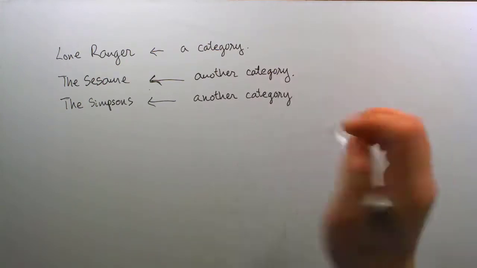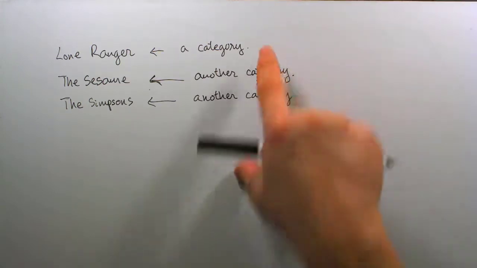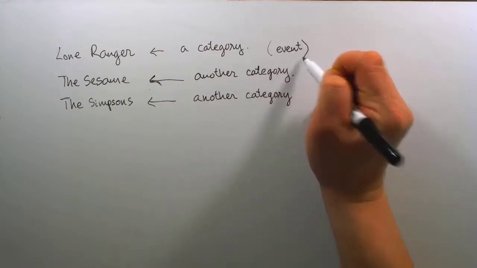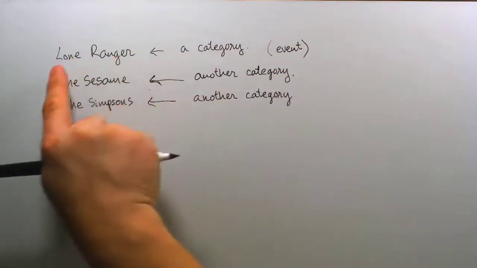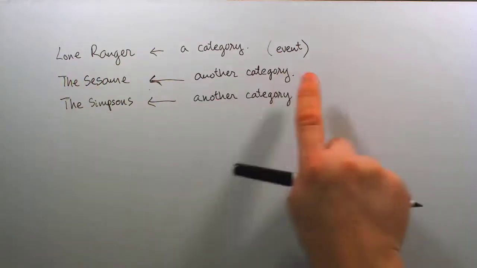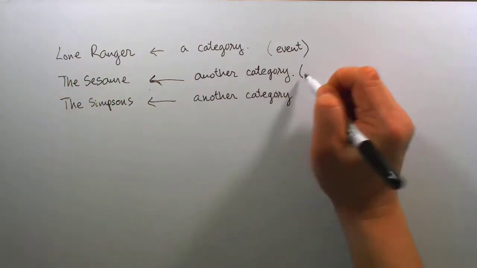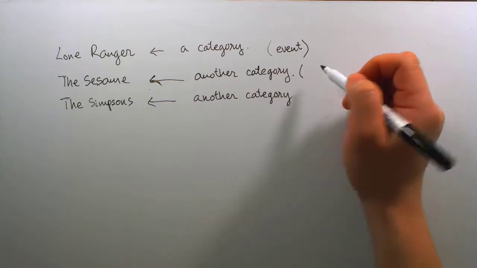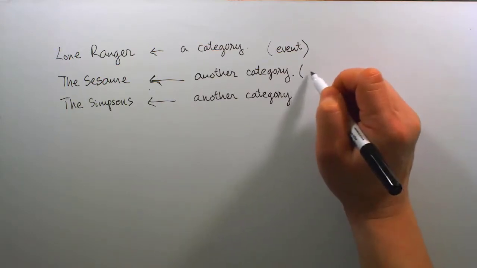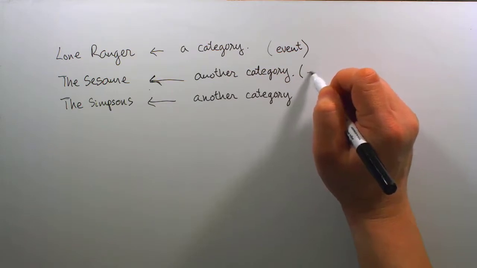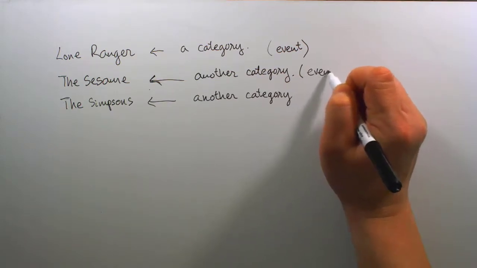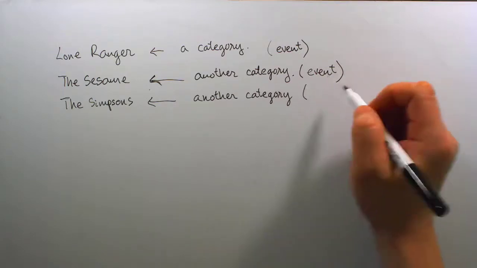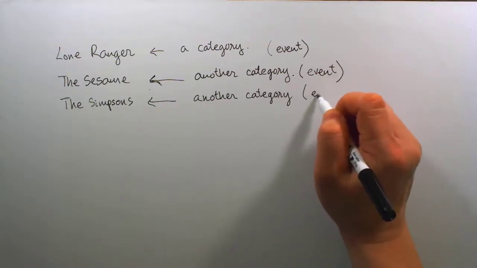Back when we were studying probability, we referred to any of these as an event. So there is an event that a child prefers to watch Lone Ranger, or an event that some children among all the children in our sample prefer to watch Sesame Street as their favorite TV show, or some other child favors watching The Simpsons.